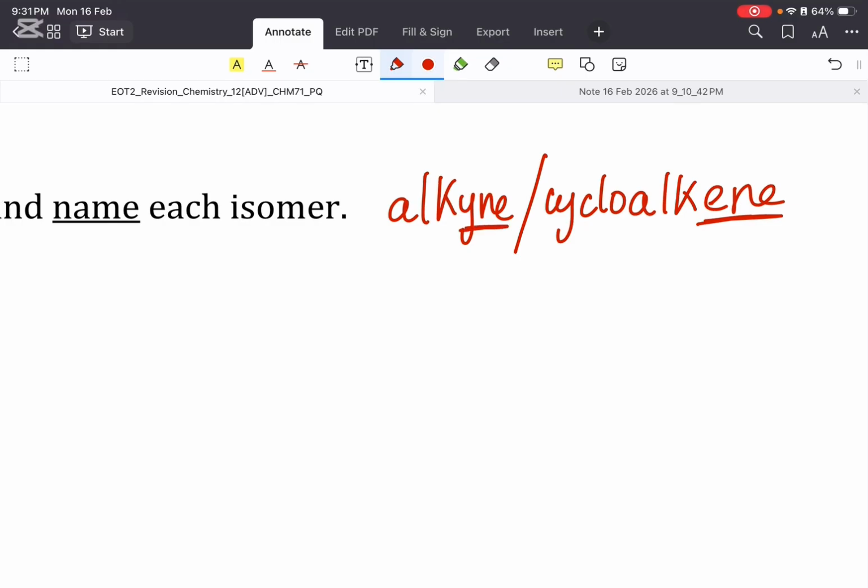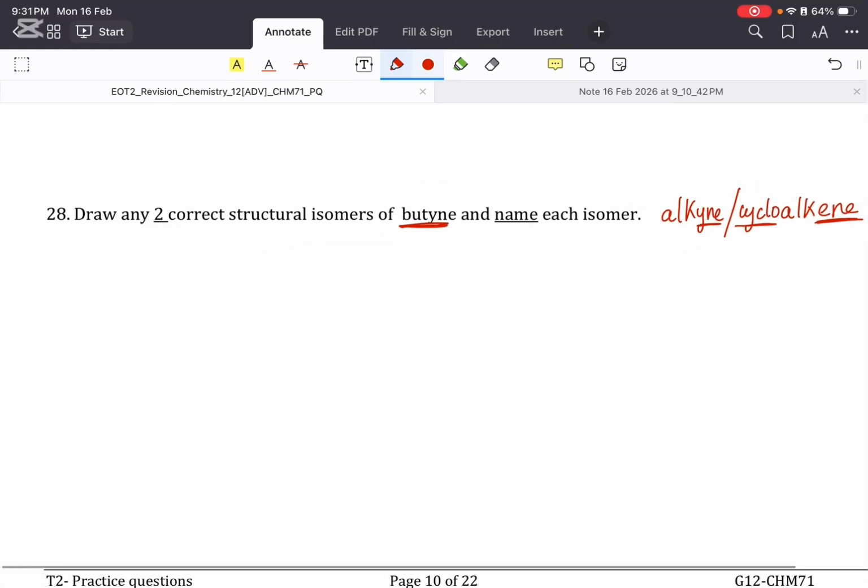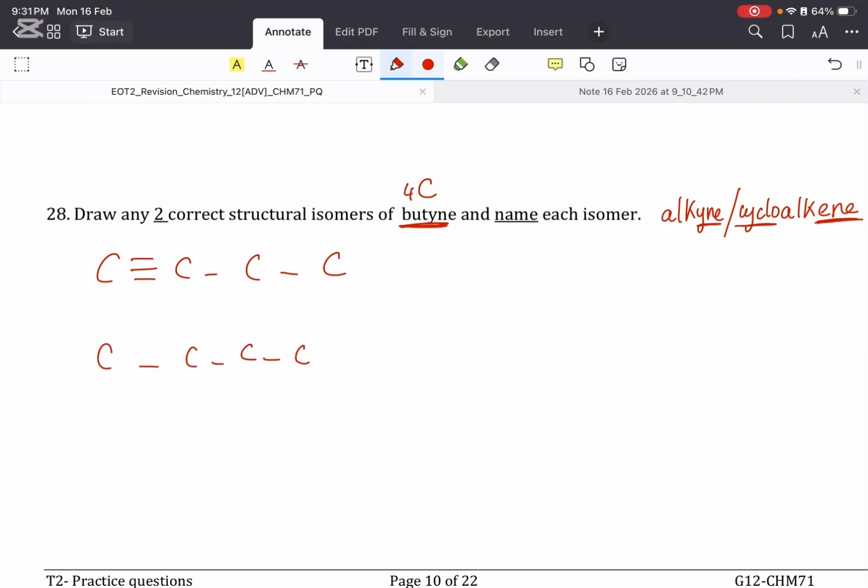Remember, alkyne isomers with cycloalkene. So but means I have 4 carbons. So I can have 1, 2, 3, and 4 with triple bond on the first. Or I can have 4 carbons with triple bond on the second. I don't want to repeat and place the triple bond here because that would be the same as this one.